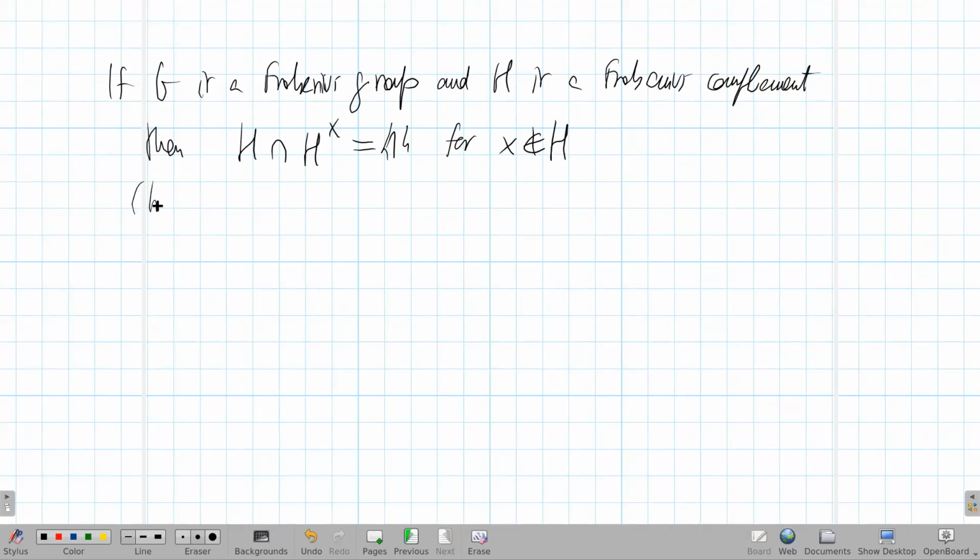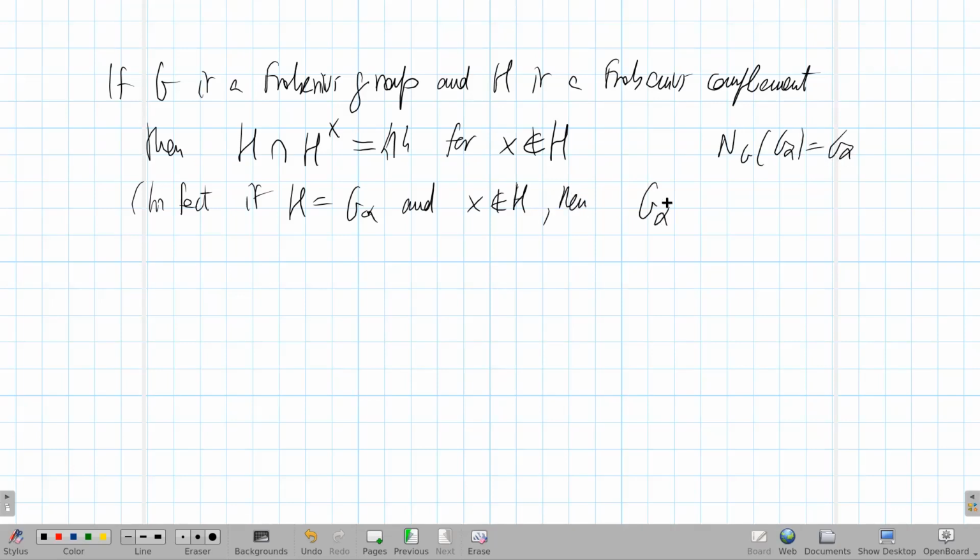In fact, if H is G alpha and X is not in H, since we have proved that the normalizer in G of G alpha is G alpha itself, then this means that the conjugate G alpha X is different from G alpha.